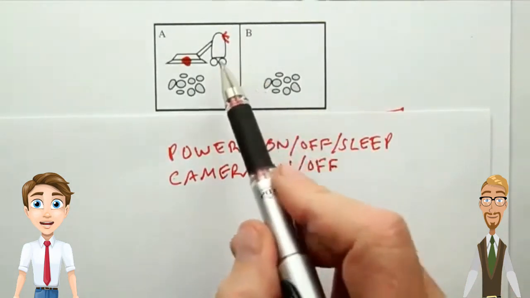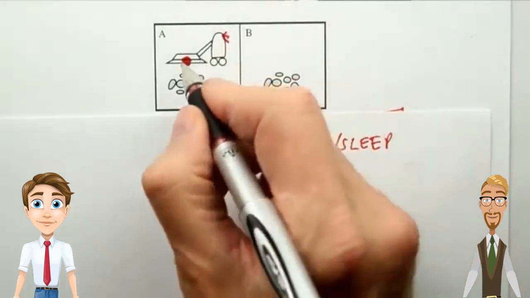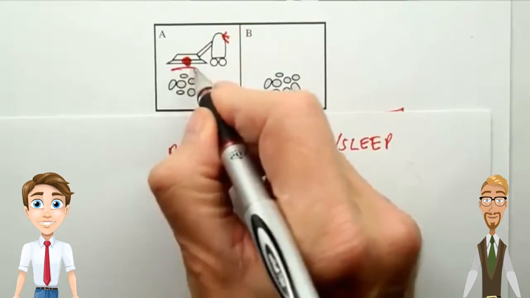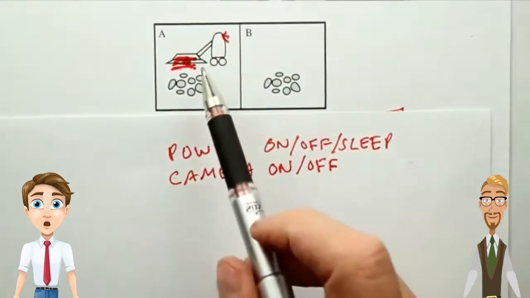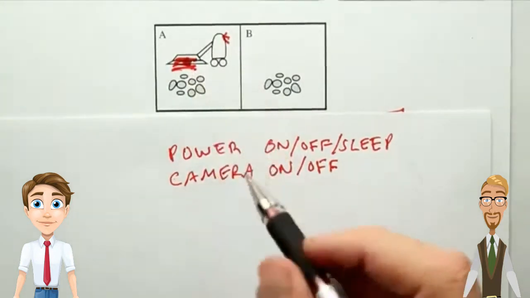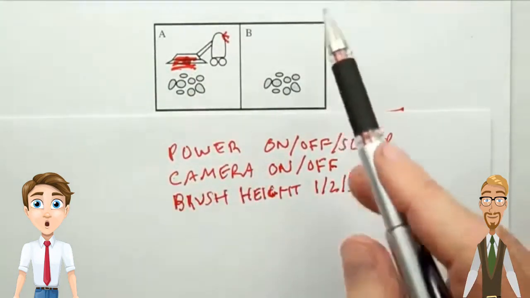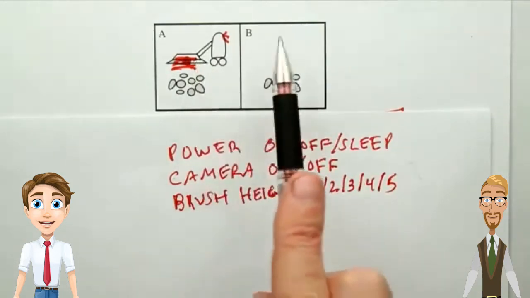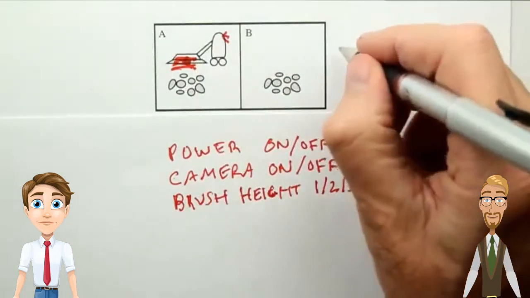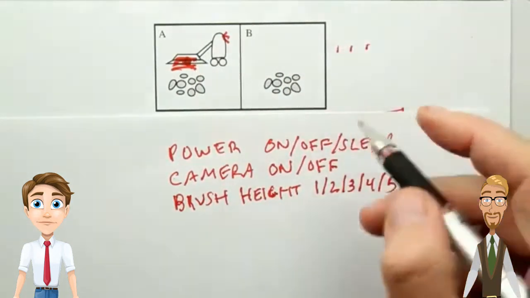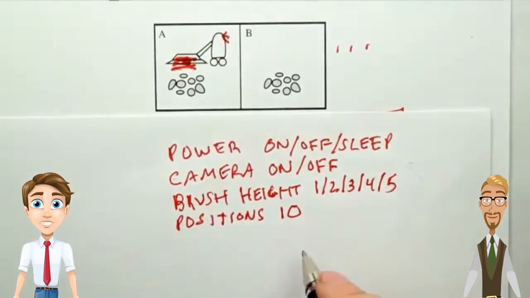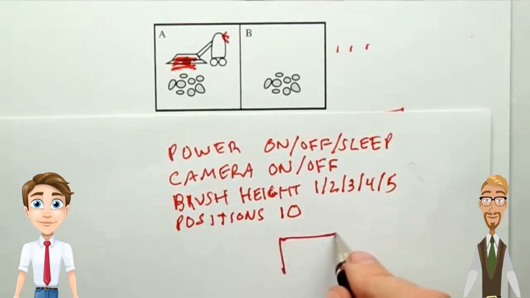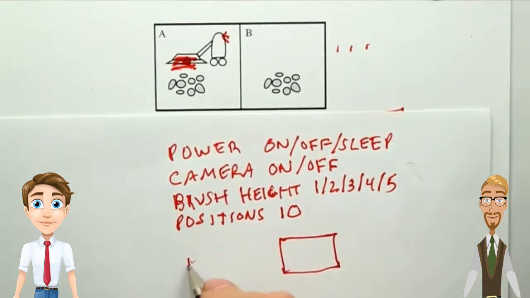Third, this is the deluxe model of robot, in which the brushes that clean up the dust can be set at one of 5 different heights to be appropriate for whatever level of carpeting you have. And finally, rather than just having the 2 positions, we'll extend that out and have 10 positions. And now the question is, how many states in this state space?